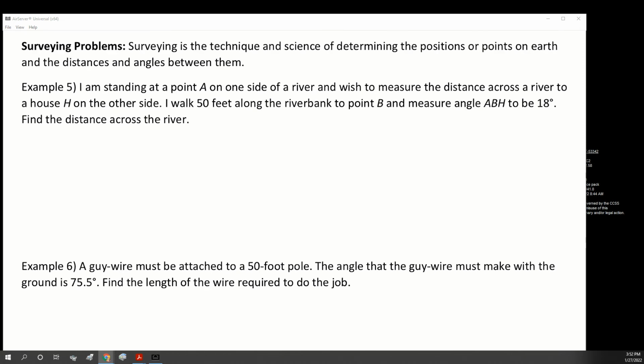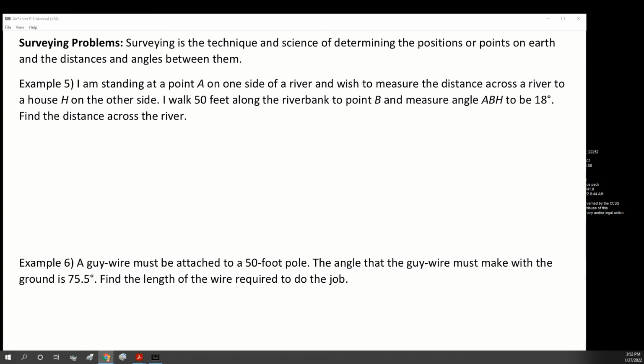All right. So surveying is a technique in science of determining the positions of points on the Earth and distances and angles between them. So for this particular problem, I am standing at point A on one side of a river and wish to measure the distance across the river to a house H on the other side.